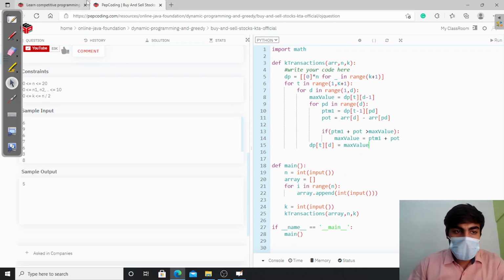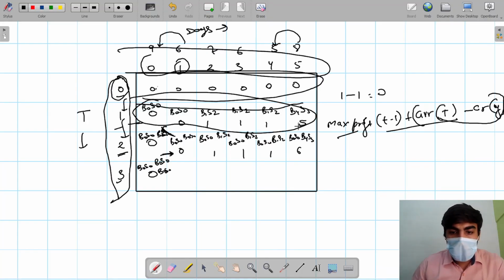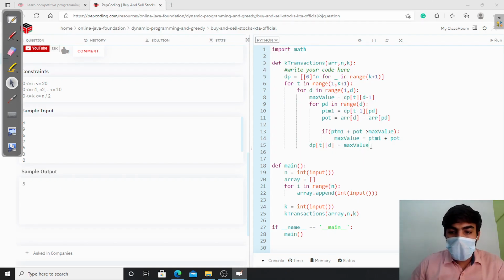I am calculating this, and out of all the calculations, this one is the greater max profit, so I am taking it here. Same thing I am writing here.